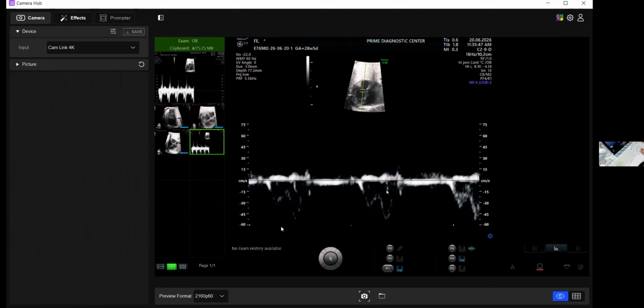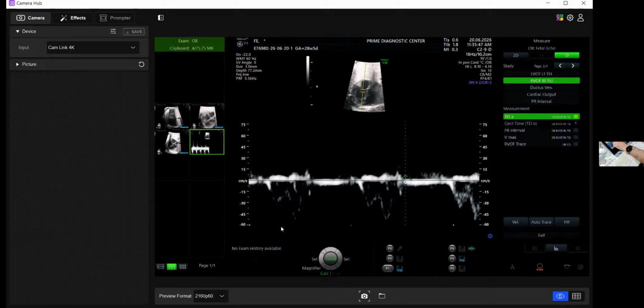So I am interested from closure click to opening click, so we go to measurements again, and then we do the A, right? So we are here at the tip of the click, and then we go here at the tip of the click. Okay.